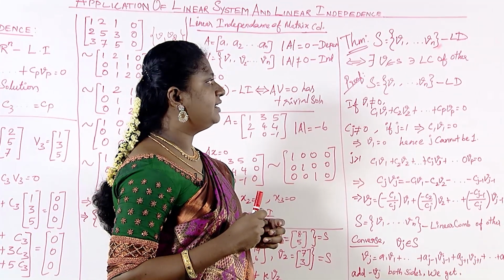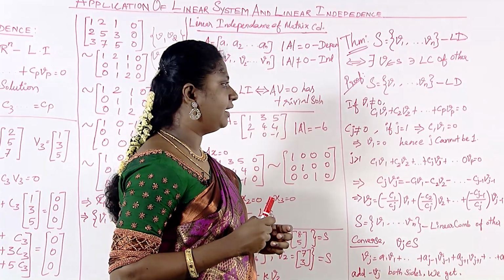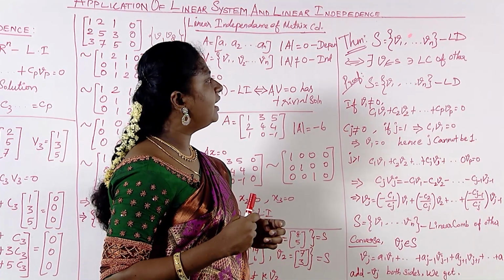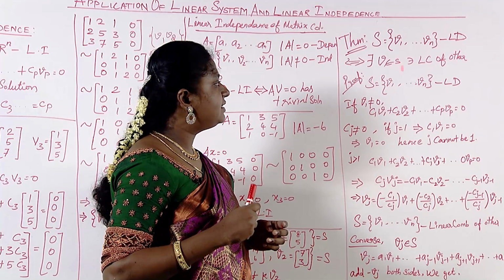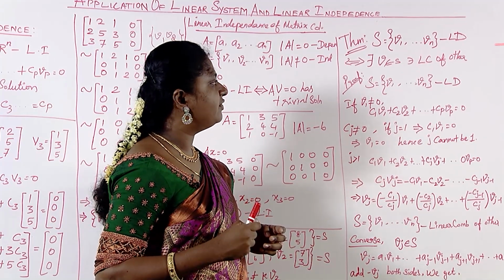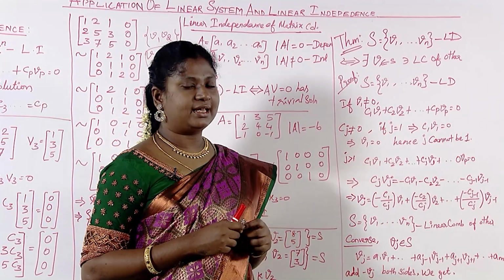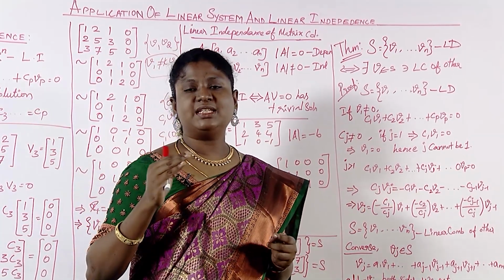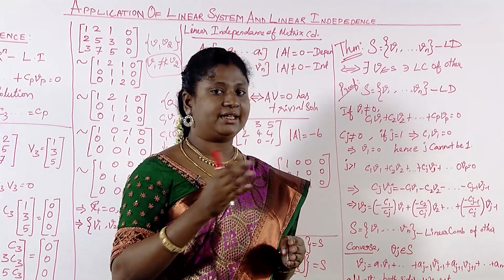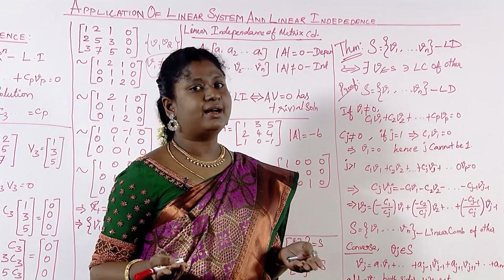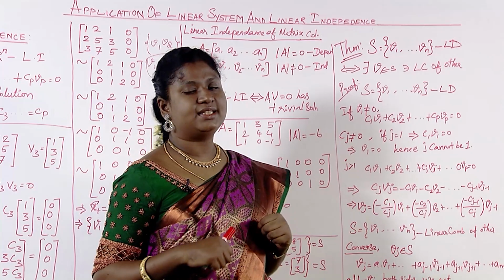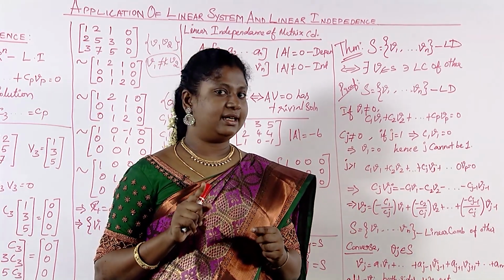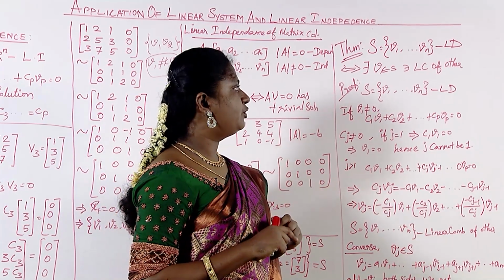This set is linearly dependent if and only if there exists a vector in the set that can be written as a linear combination of the preceding vectors. So, if it is possible, then we can say the set we are considering is linearly dependent. If it is not possible, then the set is linearly independent. That is what we are going to prove now.